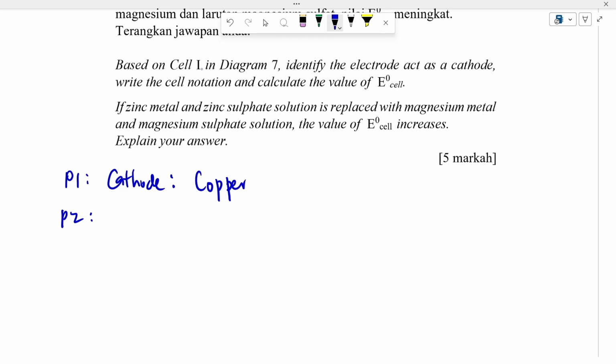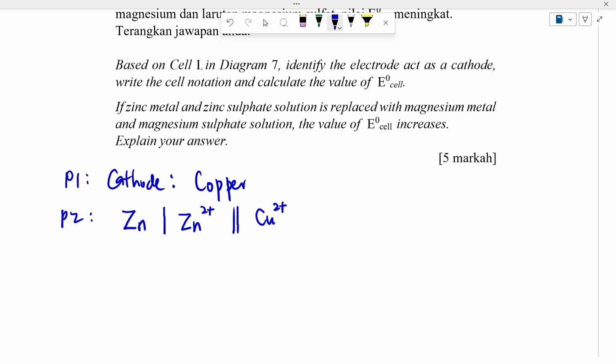Write the cell notation. So cell notation is a standardized one. The anode is zinc, correct? What is the electrolyte? Zinc ions, then the salt bridge. Then the electrolyte for the cathode, copper(II) ions, then the cathode, copper.